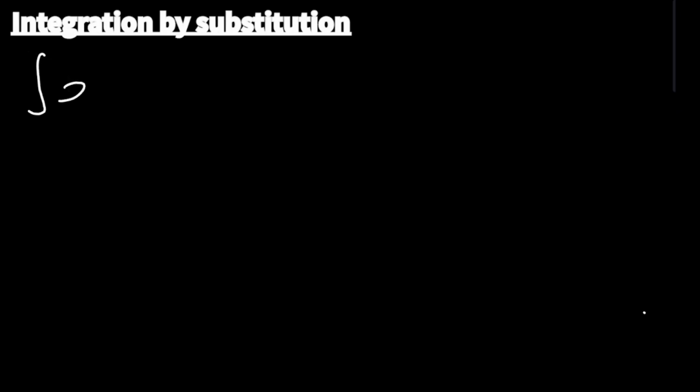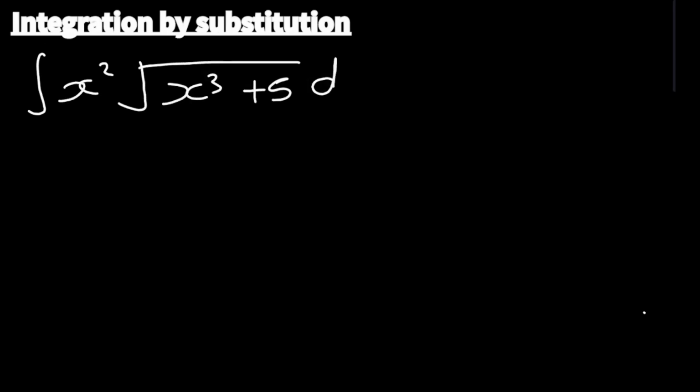What is the integral of x squared root x cubic plus 5 dx? You take part of the function to be represented by u. As we go on, you will get to understand how to choose which part of the function to be represented by u.